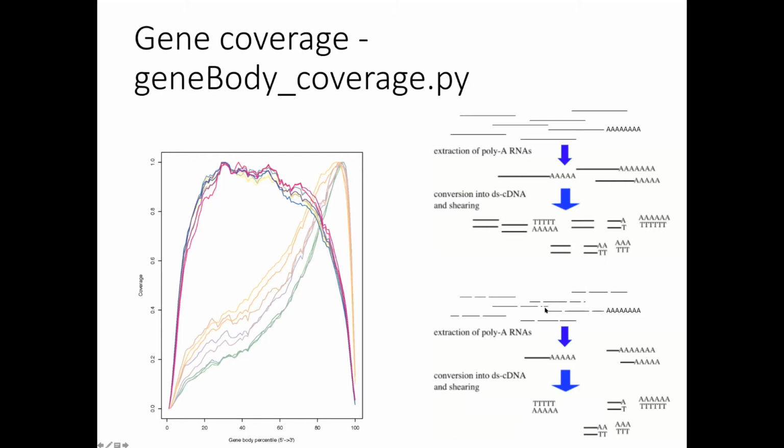All the rest of them are going to be lost in the sample, which means that you're only going to get the 3' end part of your read. And then you're converting that into cDNA and you send it to the sequencing machine and they are sequencing it. So that means that you're going to get an enrichment of the 3' end of the reads, and then you will get this kind of curve.